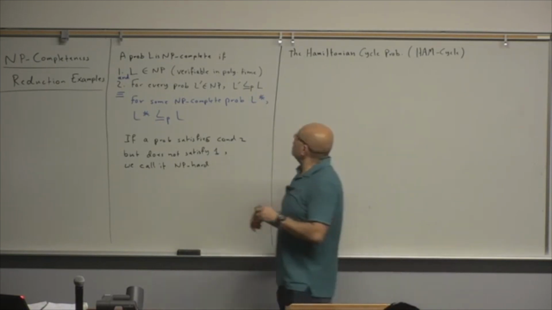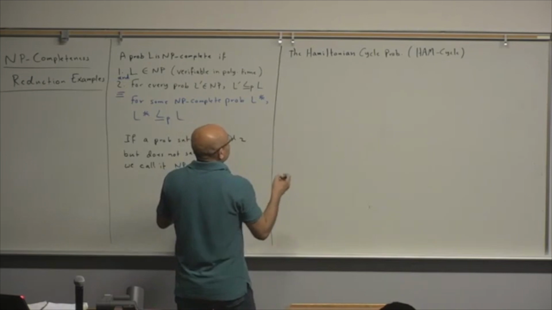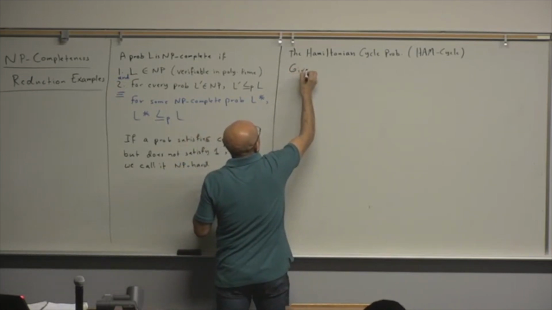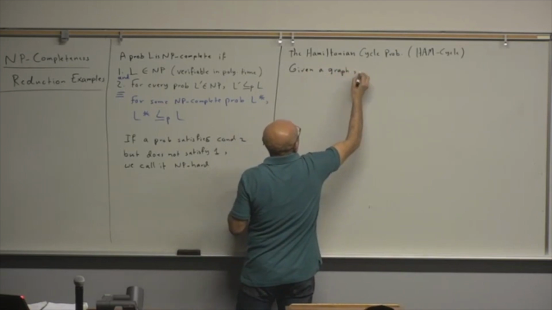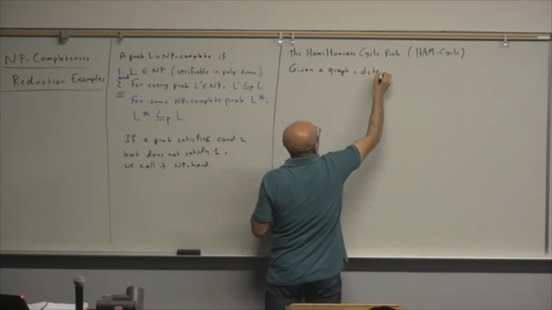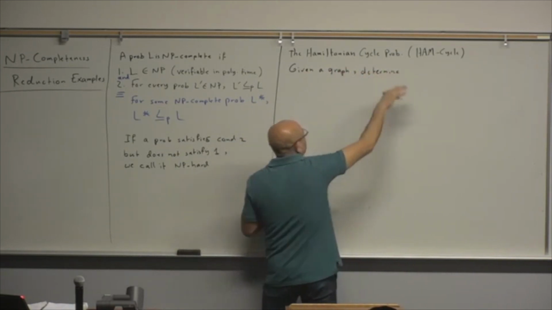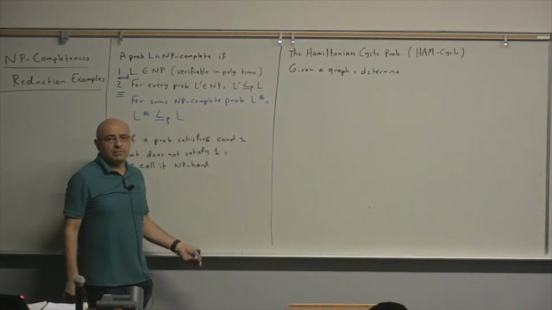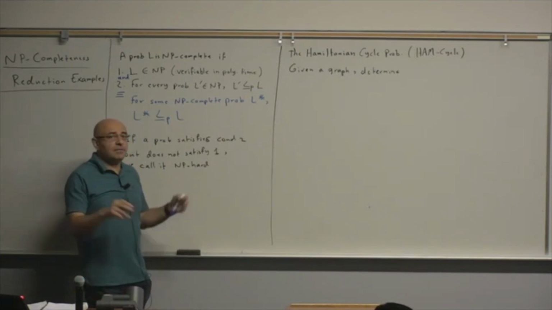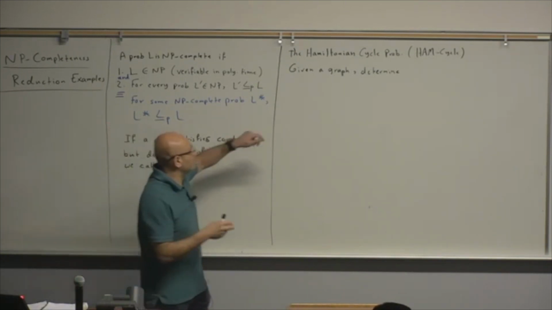Okay? Now, the Hamiltonian cycle problem: given a graph, determine. So when I use the word determine, will this be then a decision problem or an optimization problem? Decision. So determine if yes or no, then it's a decision problem.